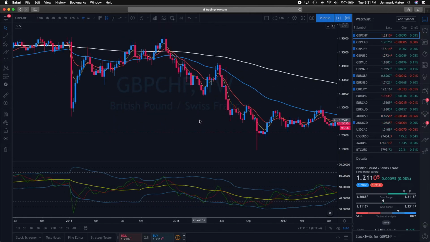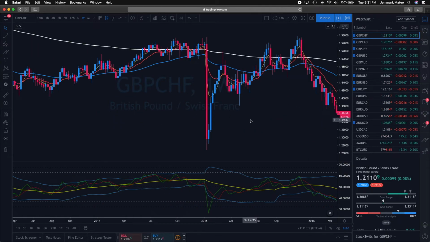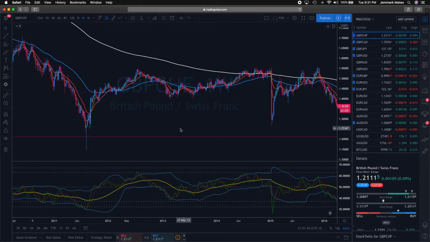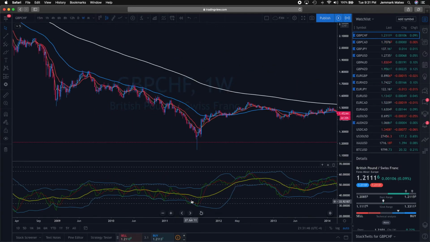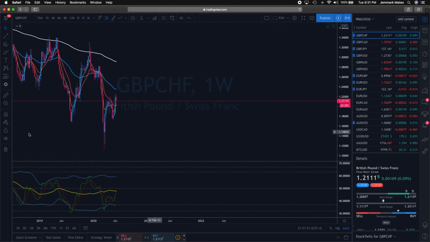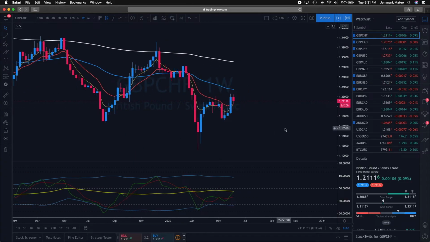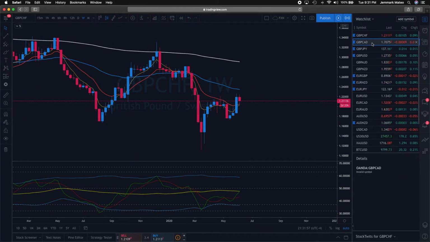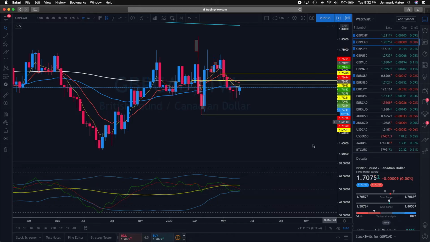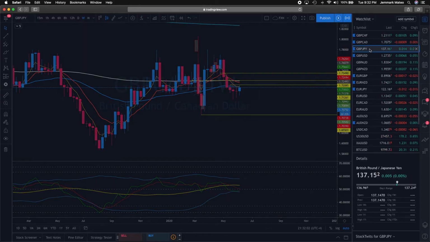So that's why we're doing it on the weekly charts. Weekly charts is all we're worried about. And then we're trying to find the low points down here or the high points up here. Let's go through a couple of these right now. Obviously this one is in the middle, so that doesn't matter.